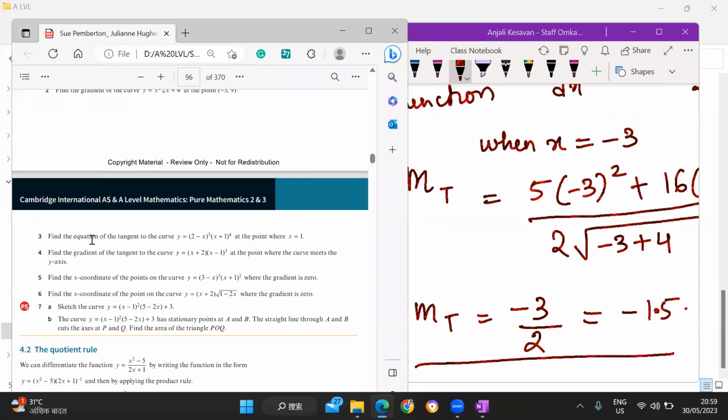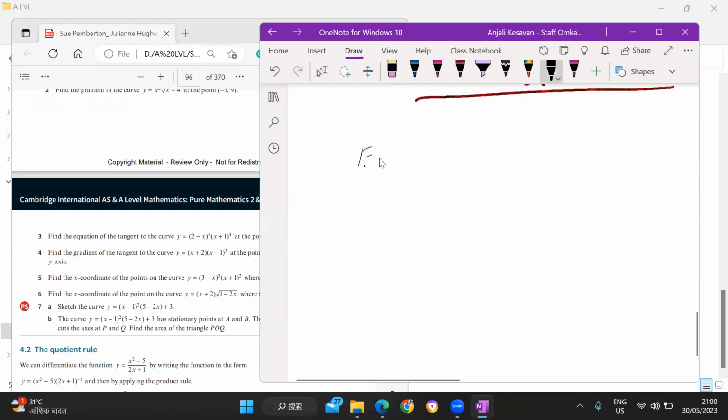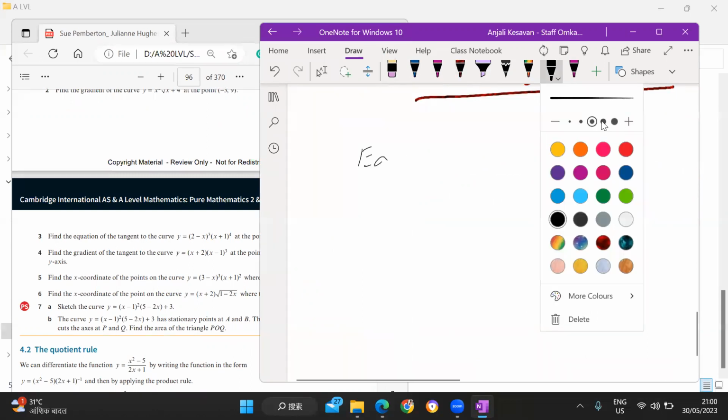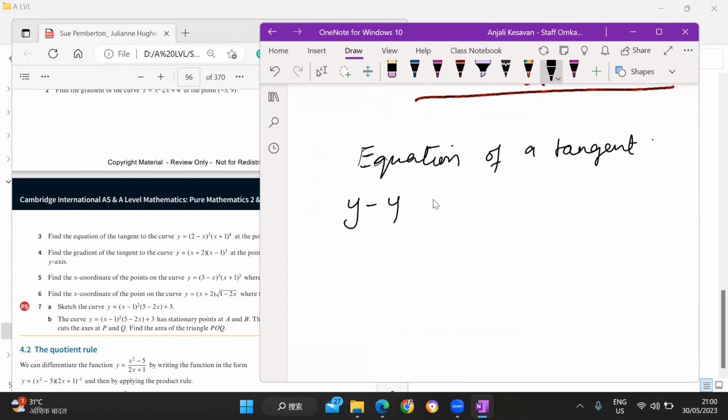Now, the next question here is also very similar. They're asking you to find the equation of a tangent. To find the equation of a tangent is very well known. You need to know the curve. What is the equation of a tangent? There's a simple formula. y minus y1 is equal to the gradient of the tangent times (x minus x1).